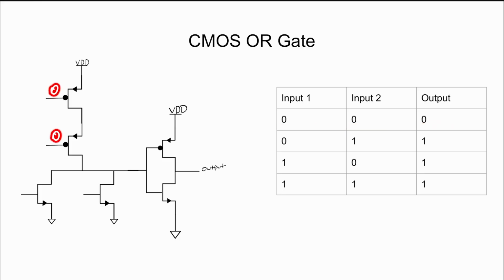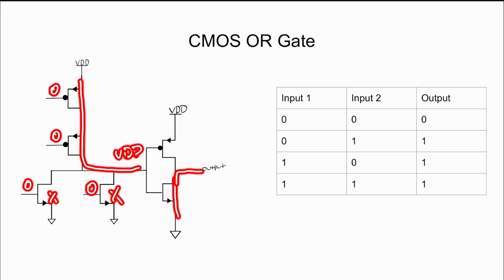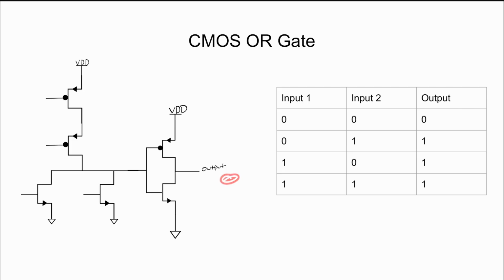Let's look at the all 0 input test case. Those two PMOS will allow current to flow and pass a VDD or logic 1 to the inverter, energizing that NMOS and tying our output to 0. For 0, 1 and 1, 0, only one of those PMOS in the pull up network will allow current to flow.